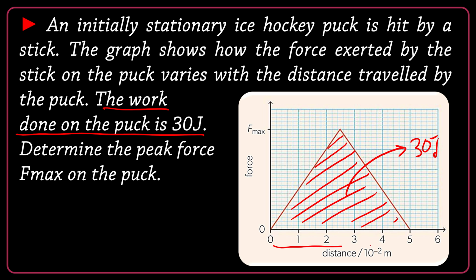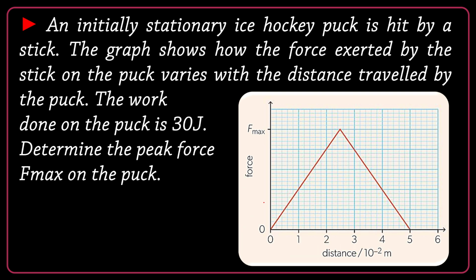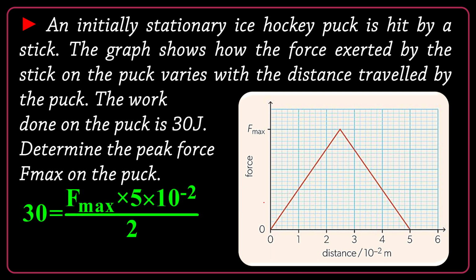The horizontal side is 5 times 10 to the negative 2. You see it's 10 to the negative 2 here. And the vertical side is my goal. The area of a triangle is the vertical height times the base divided by 2. And here the answer must be 30 joules. It's very easy.